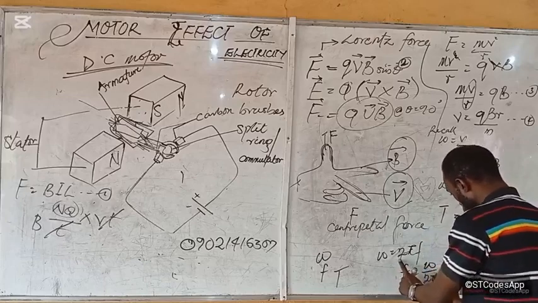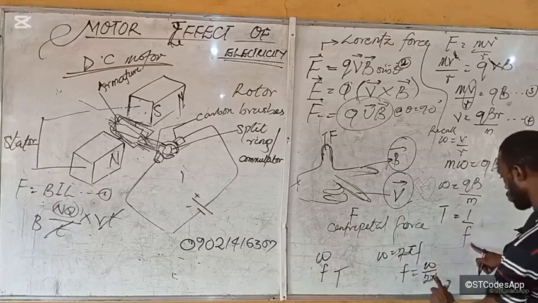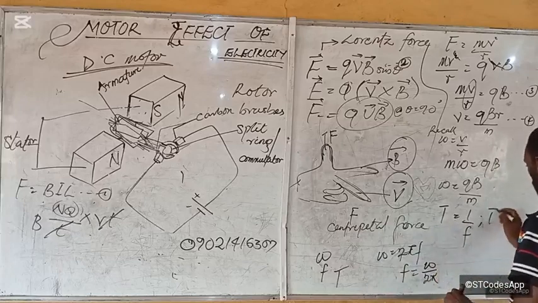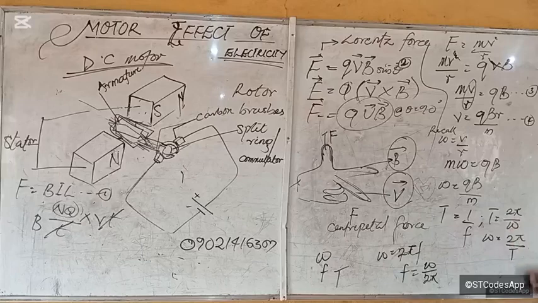Omega over 2 pi. Does this make sense? So the inverse of this will be 2 pi over omega. So period is going to be what? 2 pi over omega, right? Okay. So it means that omega here will be equal to what? 2 pi over period. Does that make sense? So this is our equation 5.